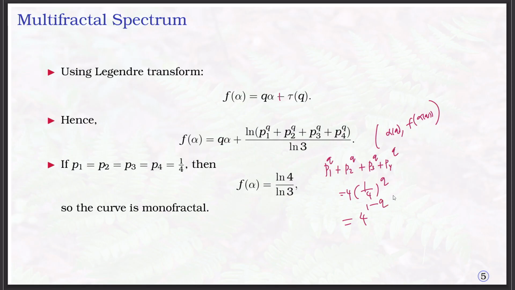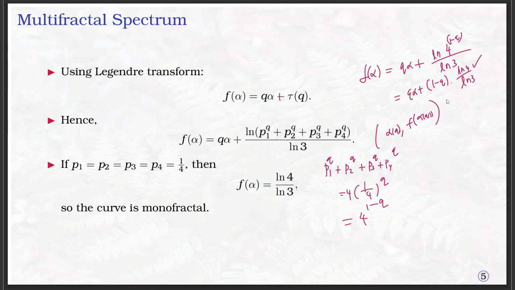This we will get. Now from here, f of alpha can be obtained as q alpha plus ln 4 power 1 minus q over ln 3. So q alpha plus 1 minus q times ln 4 by ln 3.